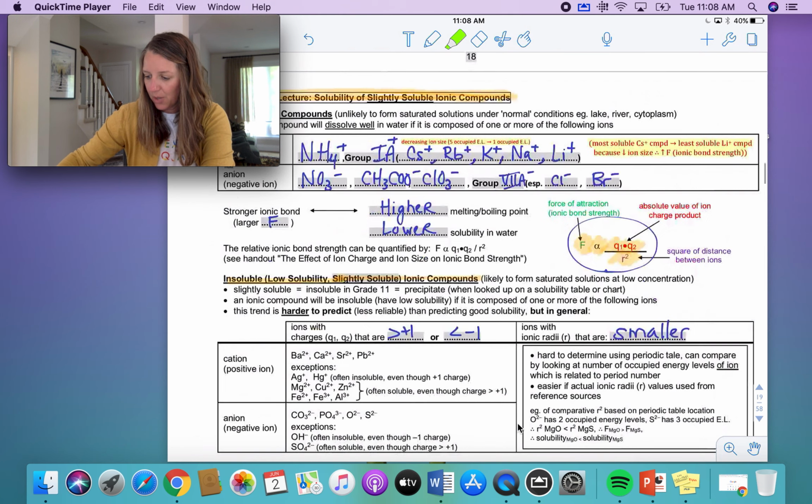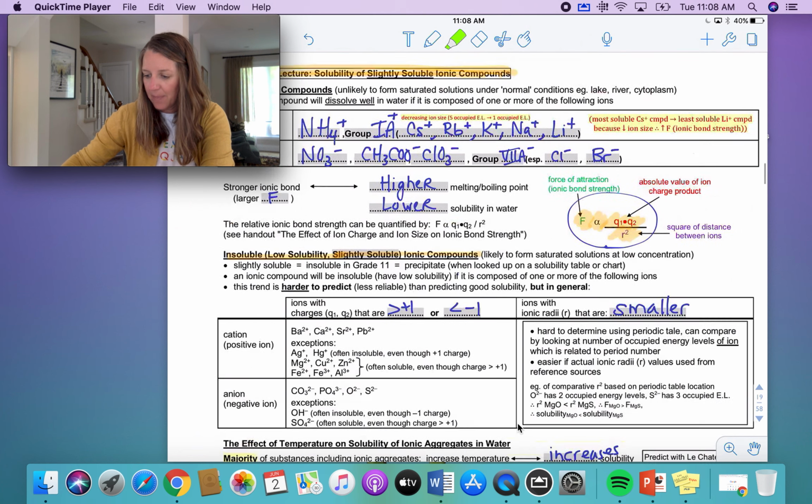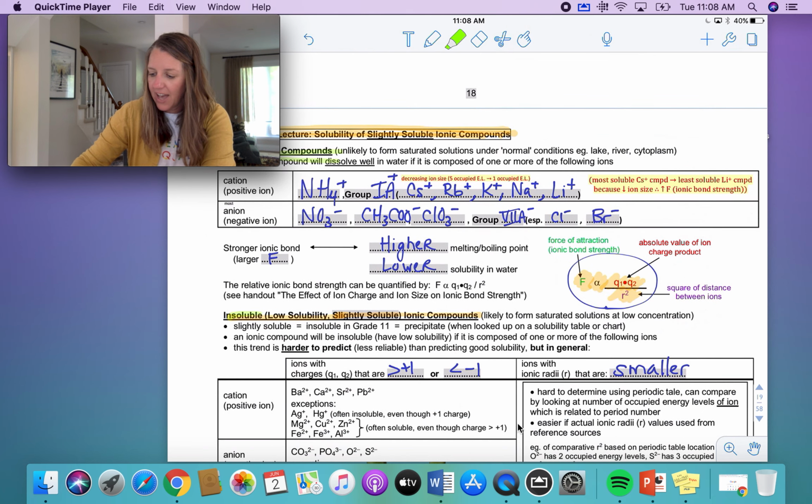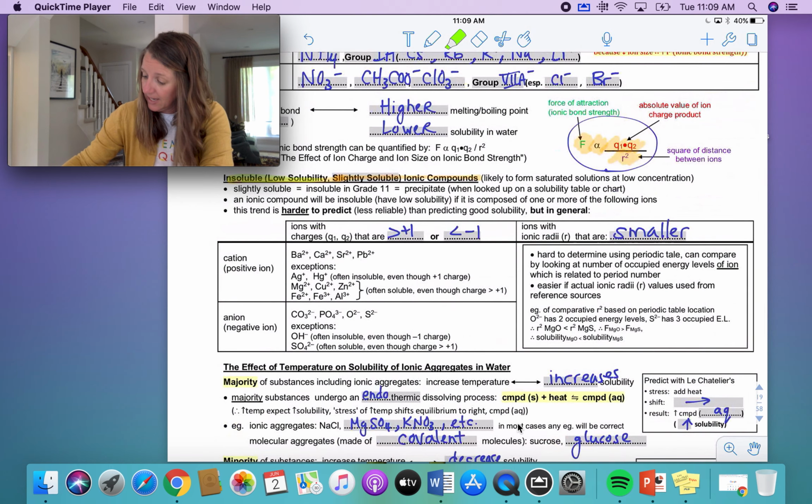So this top part of the note explains where you have good solubility with these ionic compounds and you have insoluble or lower soluble or slightly soluble for these compounds, okay? So they're held together with a smaller distance, a smaller radius, and those ions have charges that have a bigger difference between them. So they're greater than the +1s or the -1s.